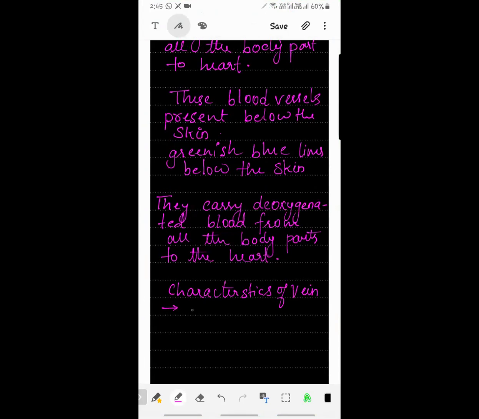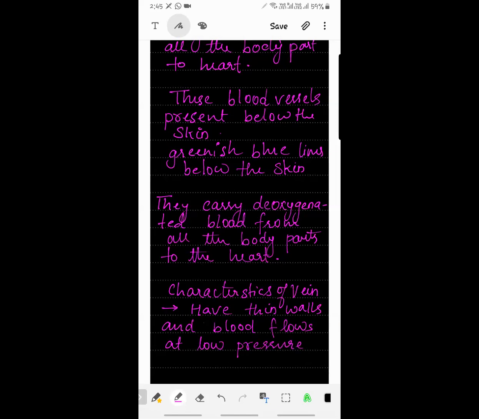If you see the vein, they have thin walls and blood flows at low pressure.